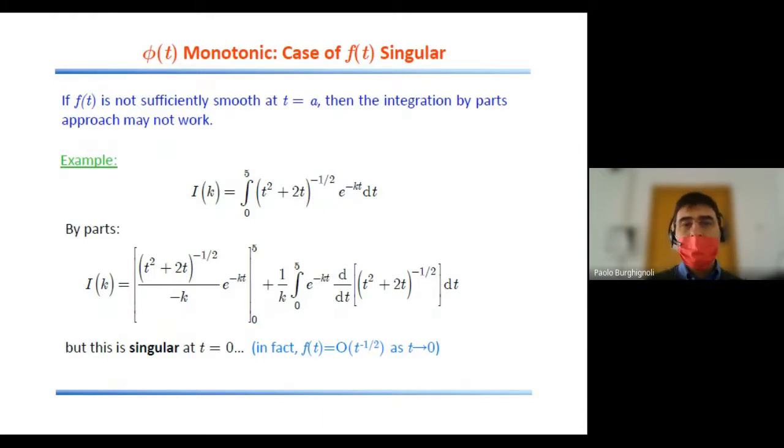Now, if you try to integrate by parts, you will discover that you cannot evaluate the finite term. The term that multiplies the exponential is infinite there, because we have a negative power of t squared plus 2t. So you cannot do this. Now, what can we do in this case?